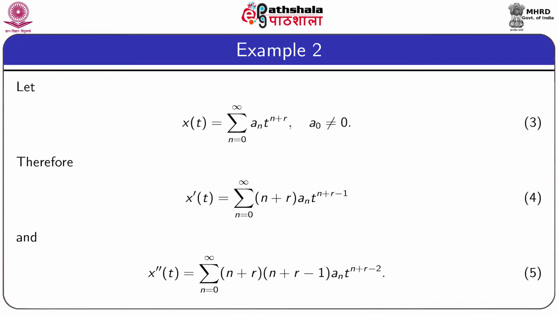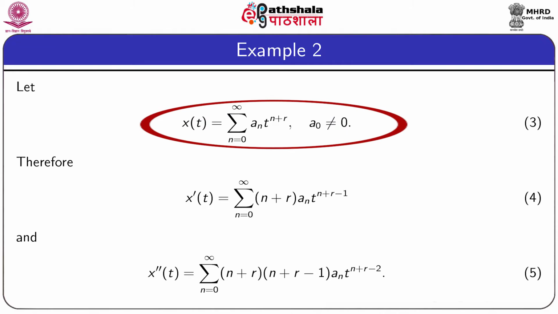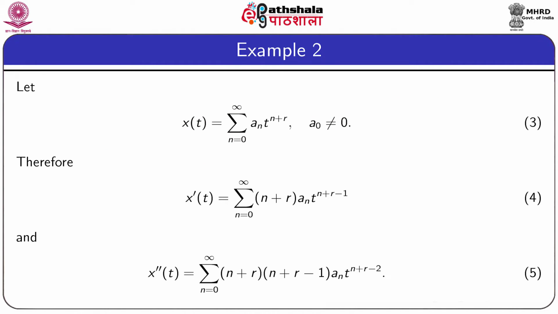We assume the solution of the form x(t) equal to summation n equal to 0 to infinity a n t to the power n plus r, where a 0 not equal to 0, given by equation number 3.